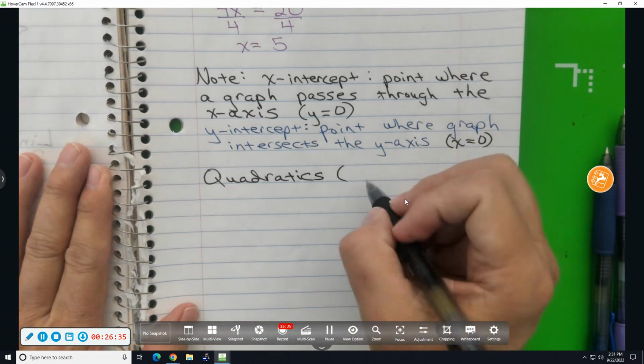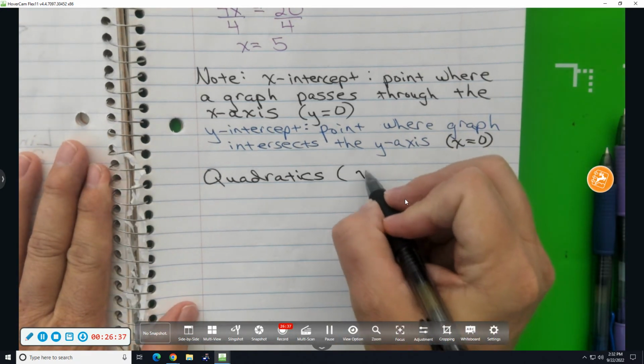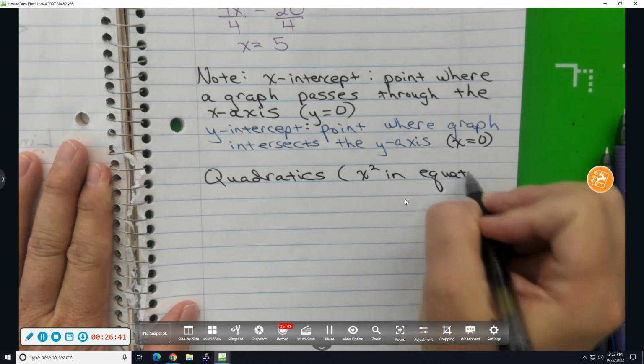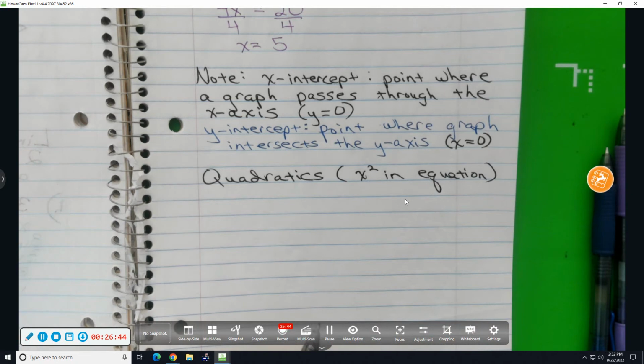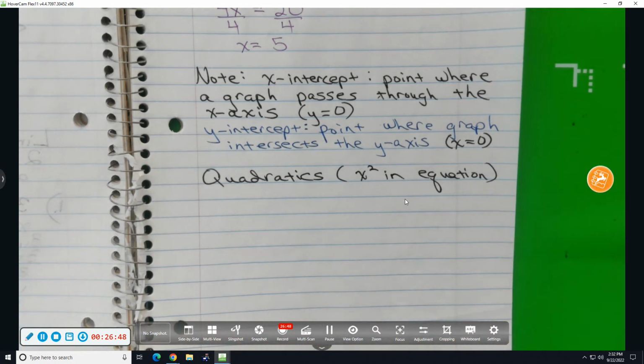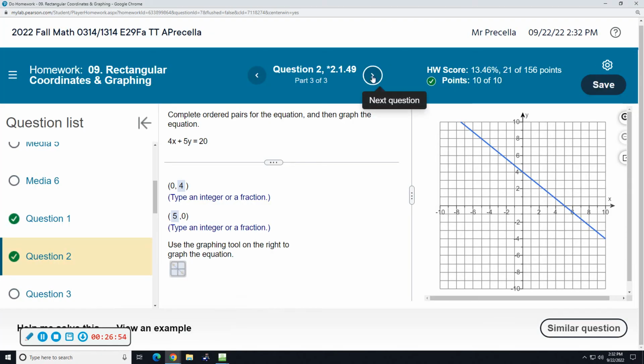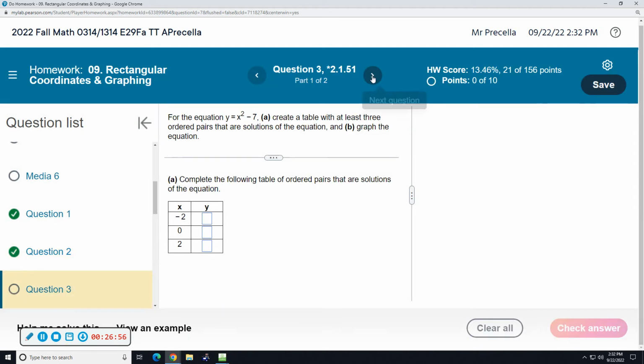So I'll make a note that you have x squared in the equation. And now we'll look at number 3. Going on to number 3. Oh, look at that equation. What do you see? You see an x squared.